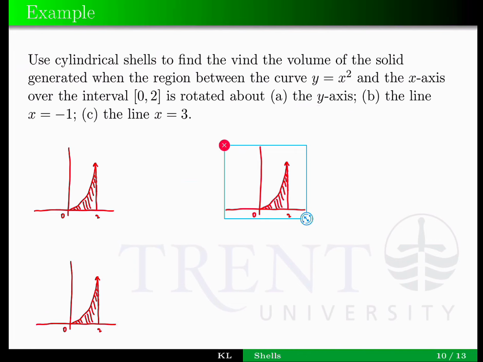For the first letter, we want to find the volume when the region is rotated about the y-axis. Method of cylindrical shells: vertical axis, vertical strip.